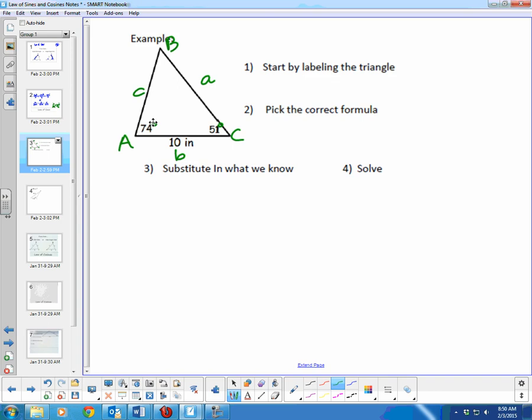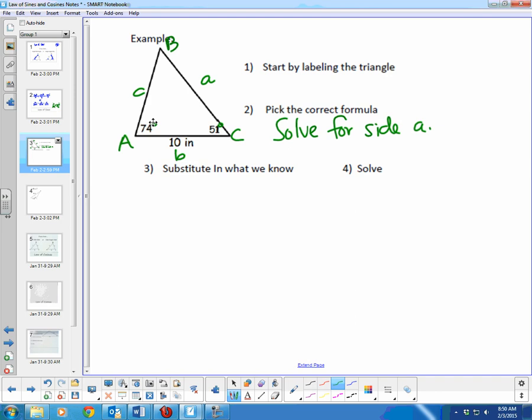Now, we are going to solve for side A. If we want to know this side, first of all, can we figure out angle B?